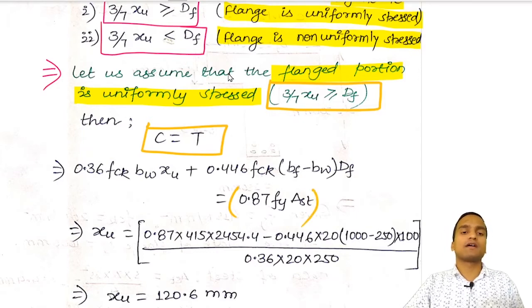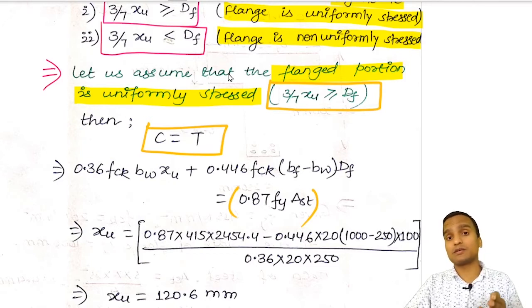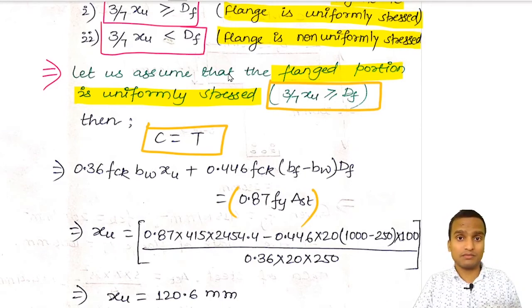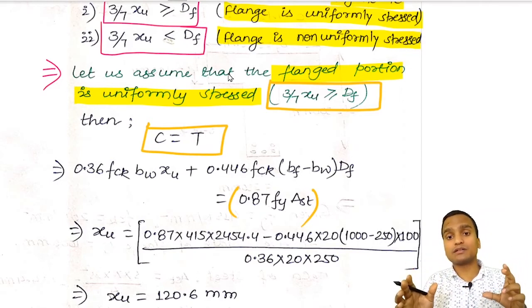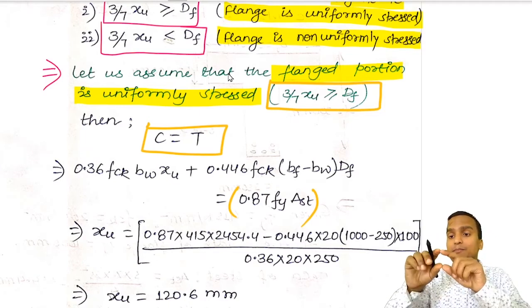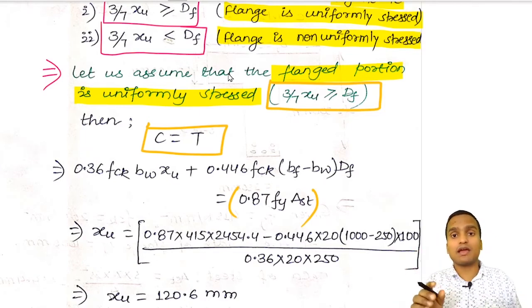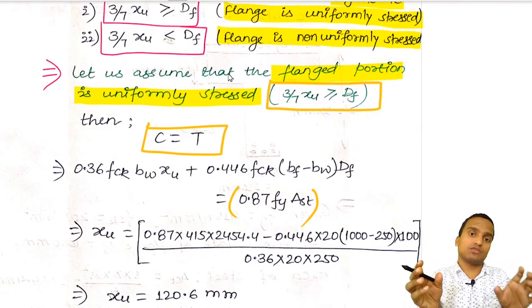Okay, whereas the value of compressive force in this case will be equal to, as we have discussed in the previous video, there were two simpler figures. One was a rectangular beam, and in that width was equal to width of the beam in the web portion bw, and depth was the gross depth. Whereas in the other case we put simply a flanged region, and from that we have already used the bw portion.